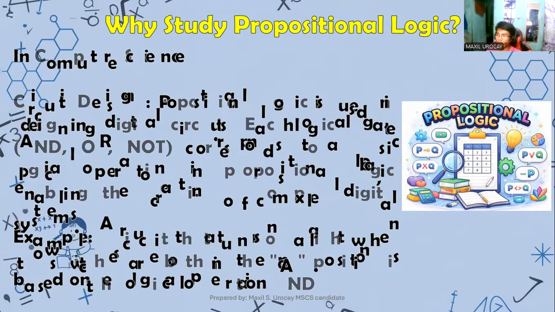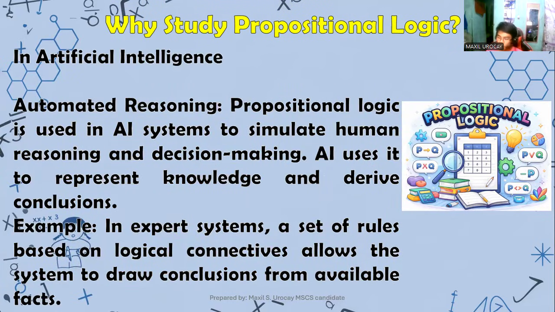Then, in artificial intelligence and automated reasoning, propositional logic is used in AI systems to simulate human reasoning and decision making, and to represent knowledge and derive conclusions. An expert system, a set of rules based on logical connectives, allows the system to draw conclusions from available facts. So, of course, in our artificial intelligence class, we're trying to work on how the system will work and how the system will begin to learn if the statement is true.